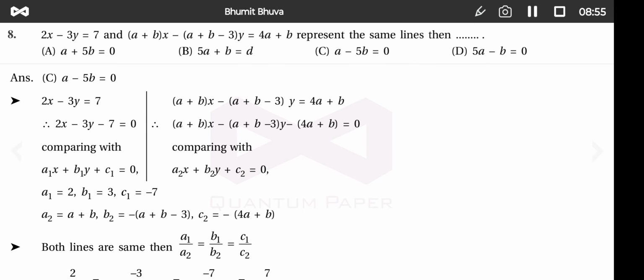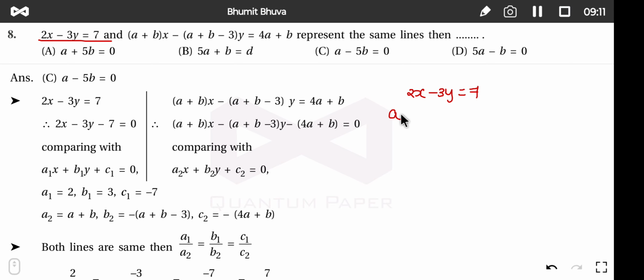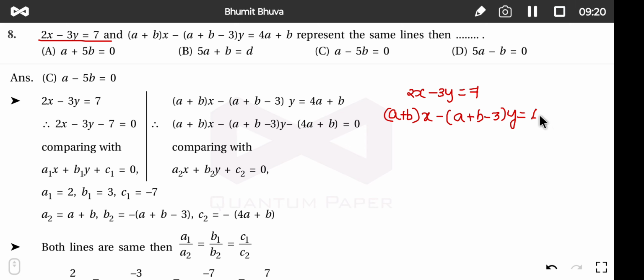Move to the next one. Again two equations are given: 2x minus 3y is equal to 7, and the second equation is a plus b into x minus a plus b minus 3 into y is equal to 4a plus b.